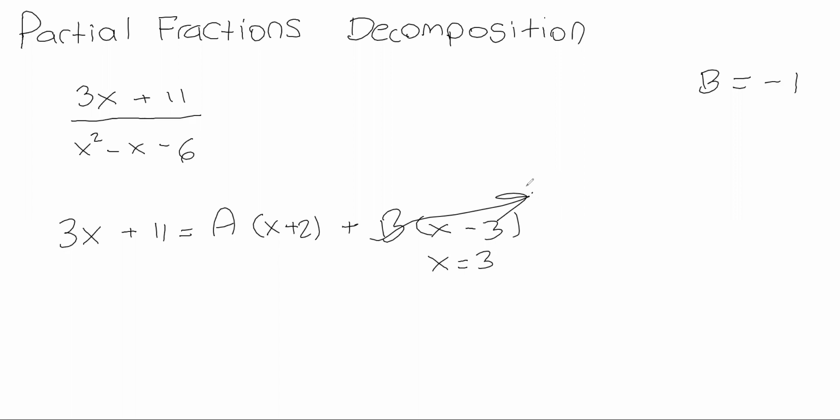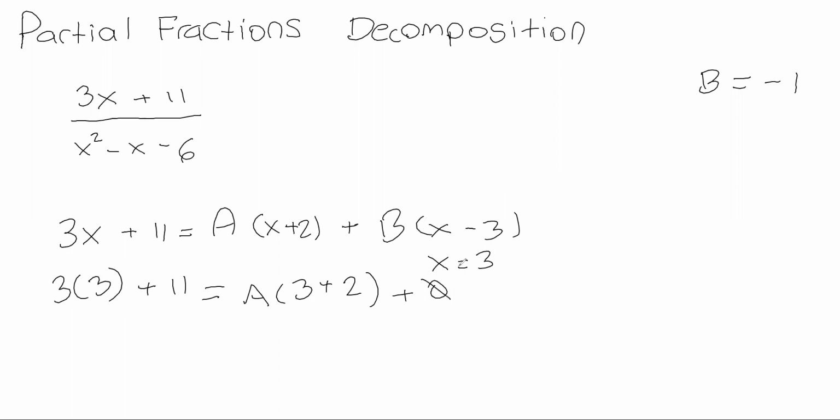So x is 3. We have 3 times 3 plus 11 equals a times 3 plus 2 plus 0. Simplifying, we get 20 equals 5a. So then a is 4.